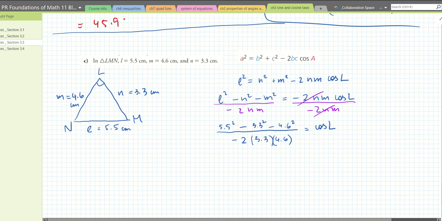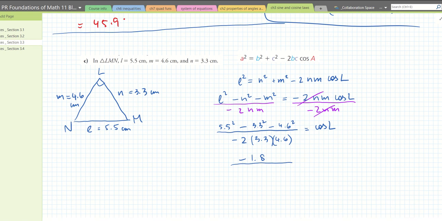So once you calculate all this stuff on the left side, we can take the inverse of that to get the L by itself. So let's see what this equals. 5.5 squared minus 3.3 squared minus 4.6 squared equals negative 1.8 over, so you're going to divide on the calculator, open bracket, and then you're going to say negative 2 times 3.3 times 4.6.